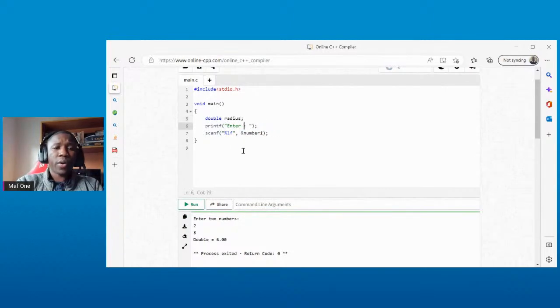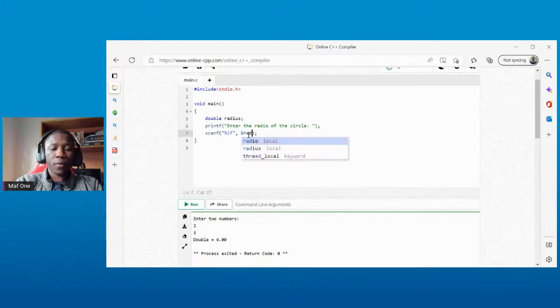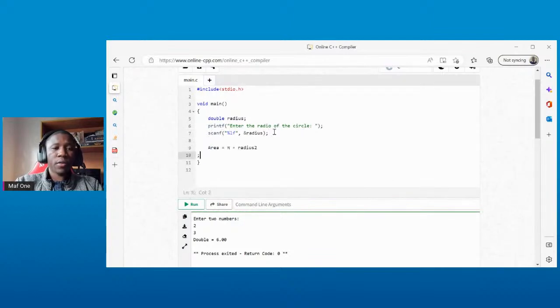Enter the radius of the circle. So we have the radius, and here radius, and in here we can compute the area. Remember that now we are going to have a variable starting with capital A.